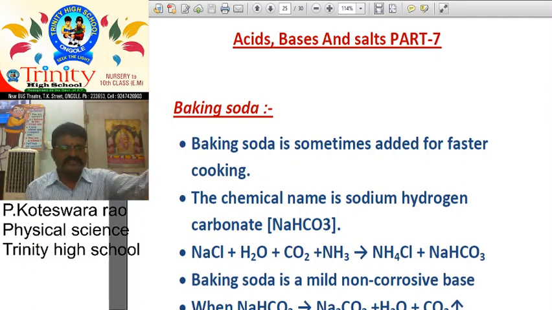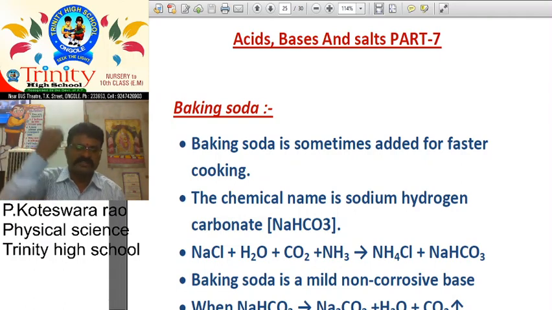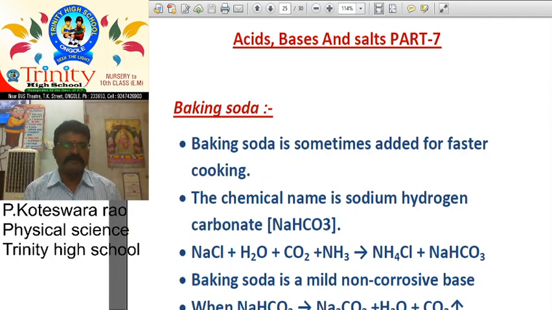Baking soda. So once again we take NaCl, sodium chloride, and we add some water, passing carbon dioxide and ammonia. What is the formula of ammonia? NH3. So these all combine, then it gives rise to ammonium chloride, NH4Cl, and NaHCO3, sodium bicarbonate.